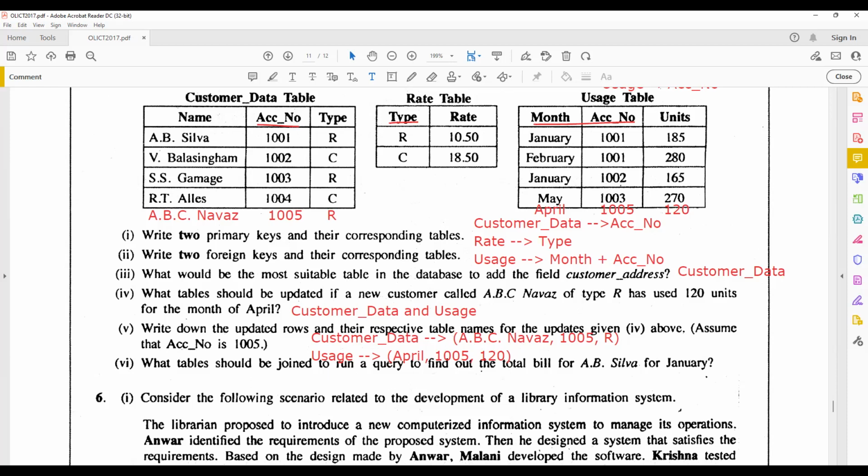So what is the total bill? So how do you find the total bill?